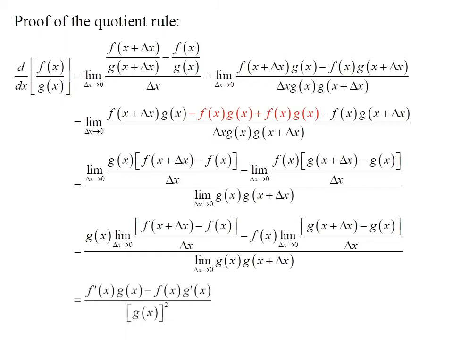Hence we have proved the quotient rule. It states that the derivative of f(x) over g(x) is given by the derivative of the numerator times the denominator, minus the numerator times the derivative of the denominator, divided by the square of the denominator.